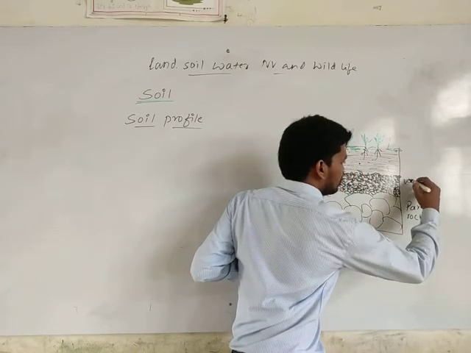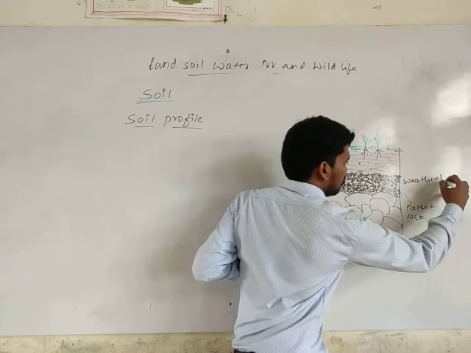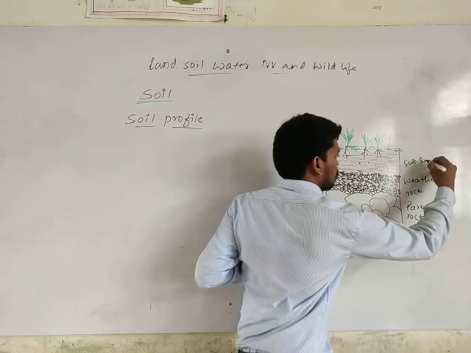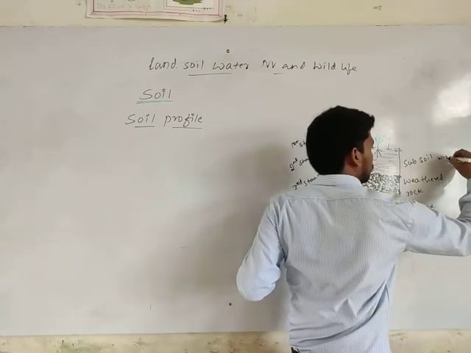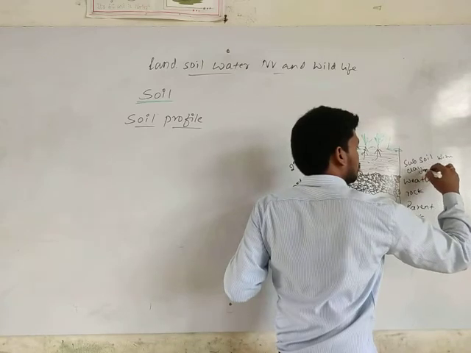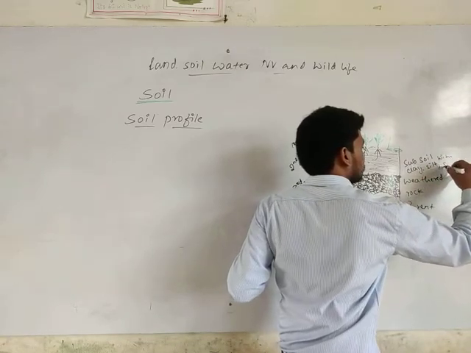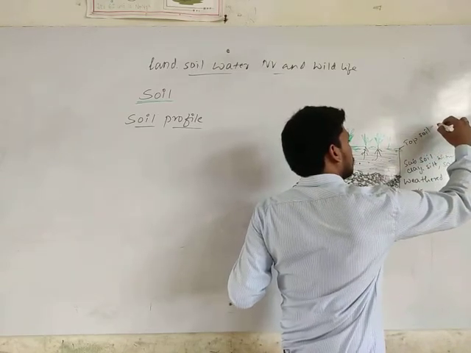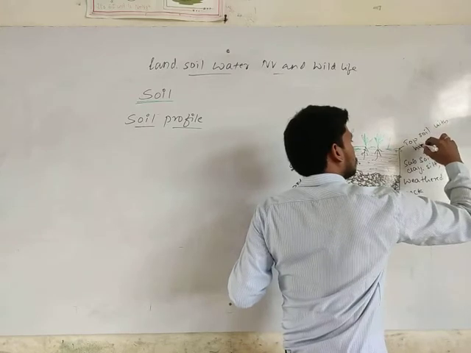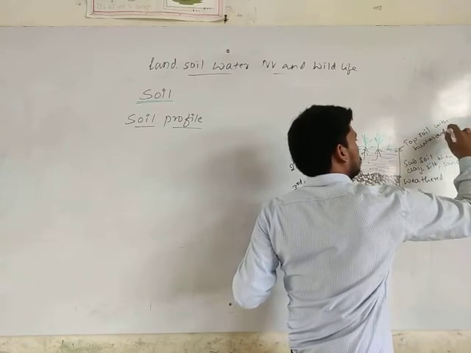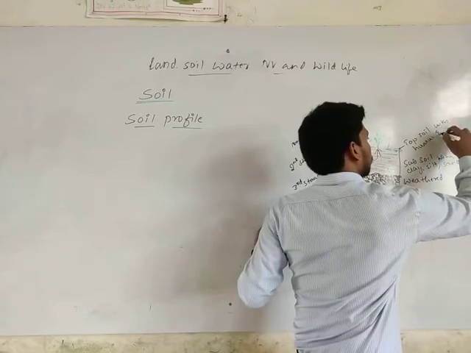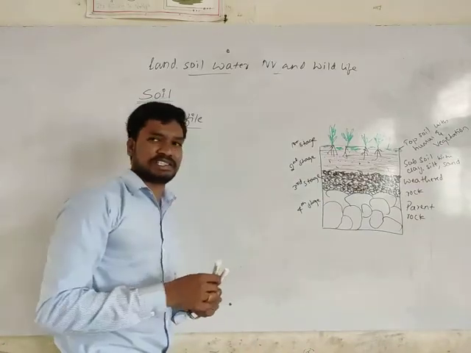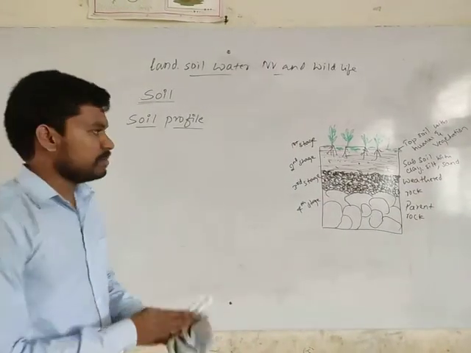That rock will be weathered, so it's called weathered rock, and subsoil with clay, silt and sand, and here we have topsoil with humus and vegetation. These are the classifications. It's the structure of soil formation.